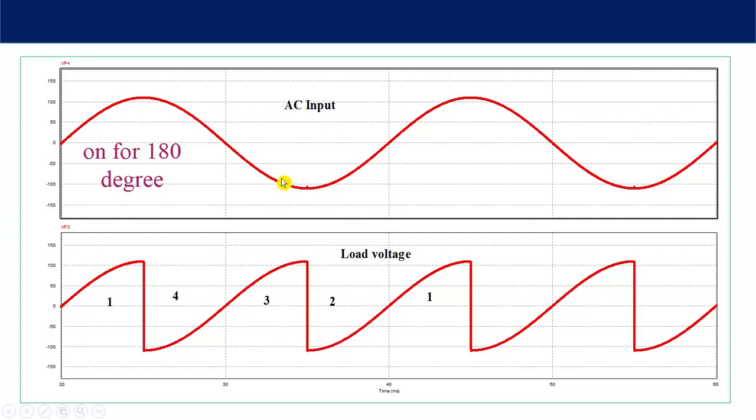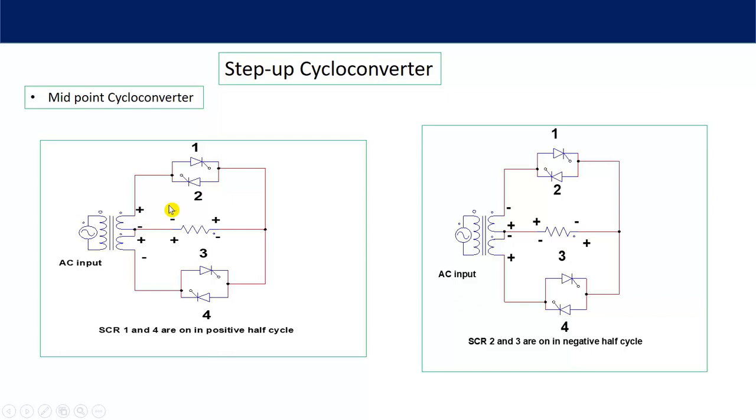Then in the negative half cycle of the input voltage you need positive output voltage, which you will get using thyristor number 3. So for 180 degrees you turn on thyristor number 1, and for 180 degrees you turn on thyristor number 3.